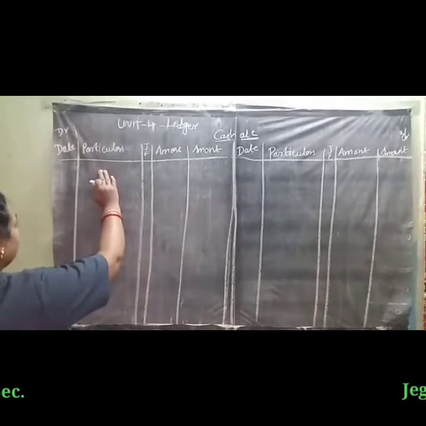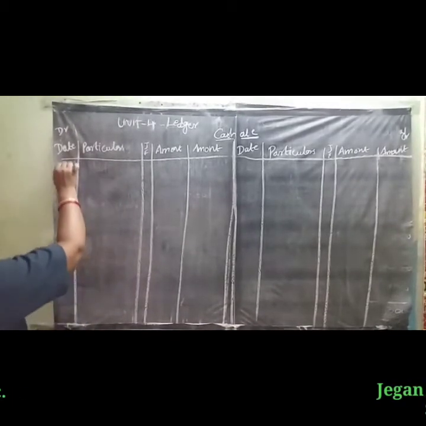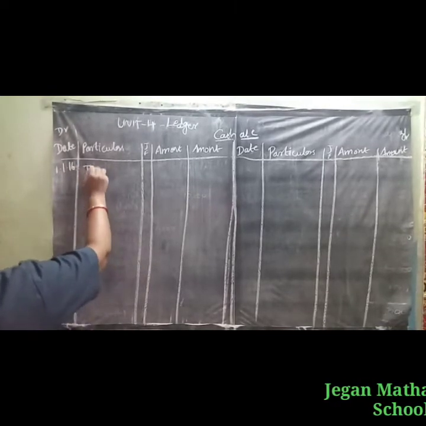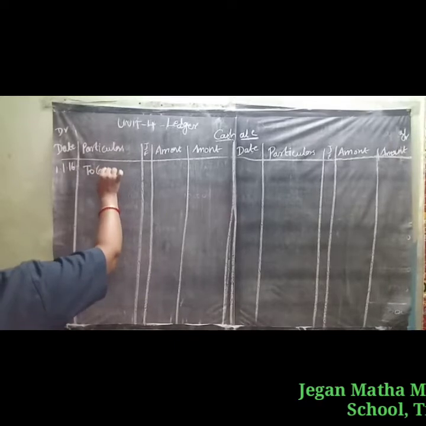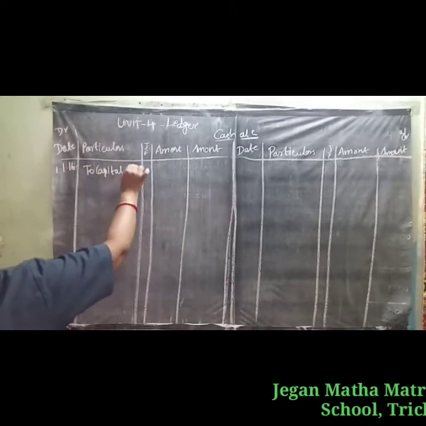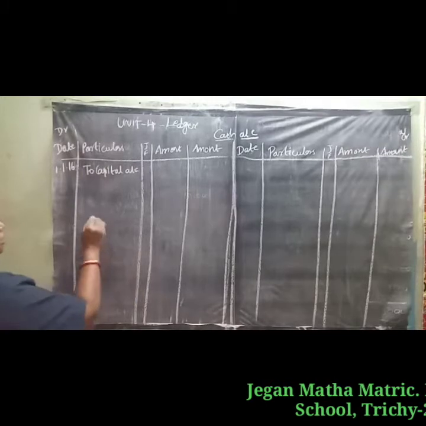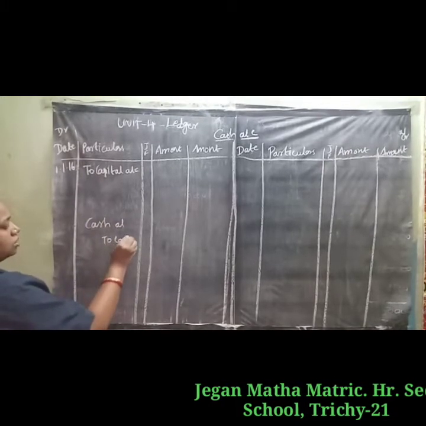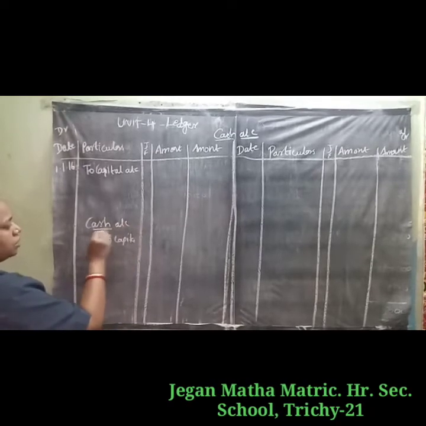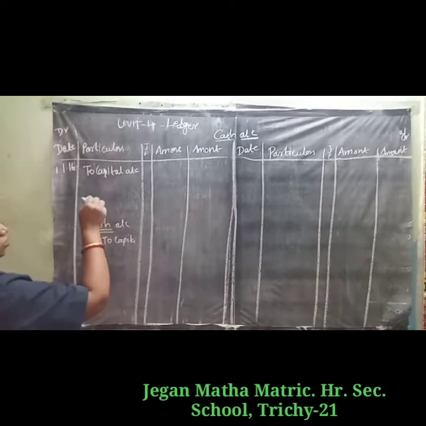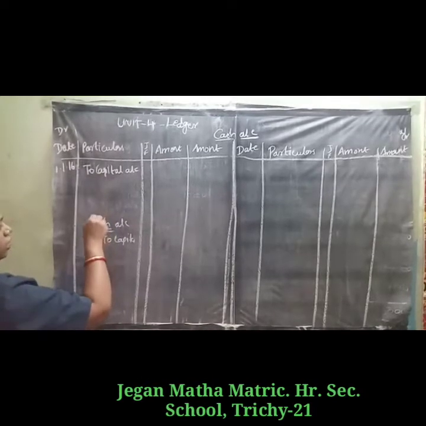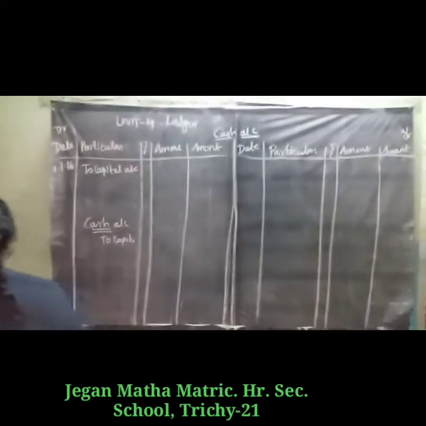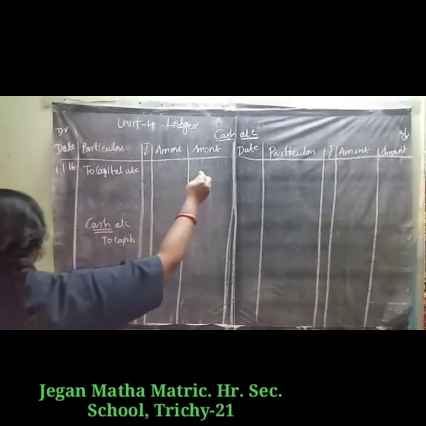We write on the debit side date 1/1/16, and we have to write the opposite account. What is the opposite account? Capital account. So we write to capital account, amount 10,000.